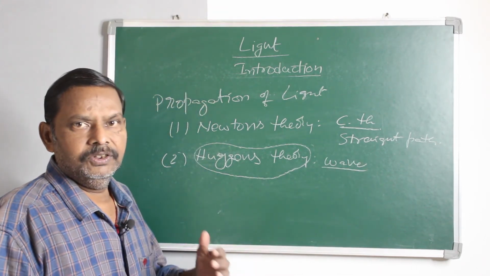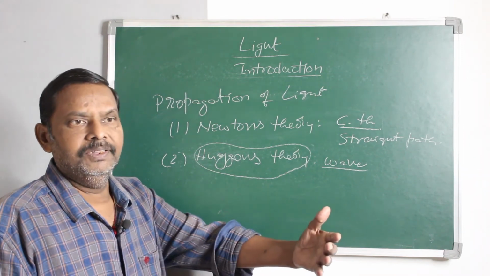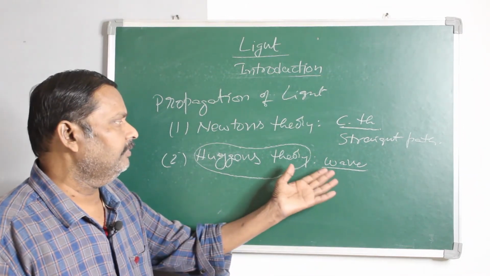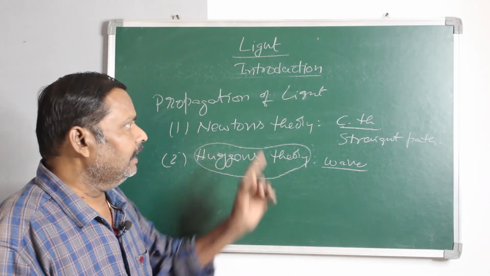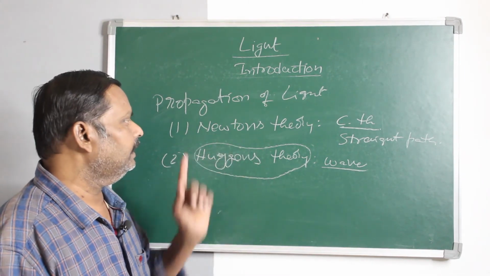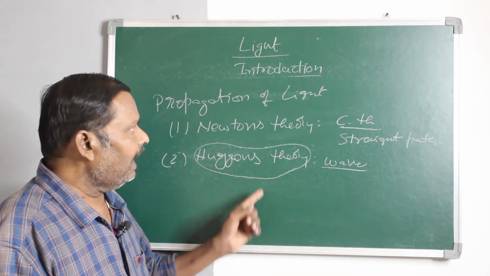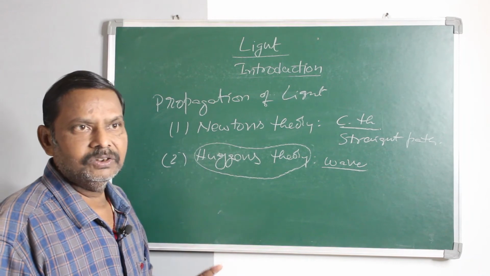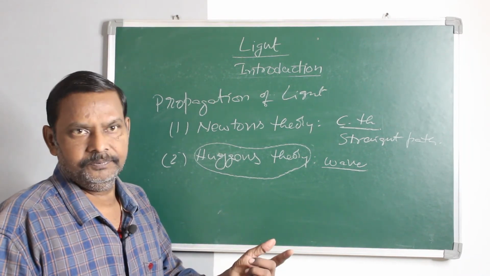Light travels from the source of light to the observer through the medium in the form of a wave. That's why it is called Huygens wave theory. So finally, the corpuscular theory proposed by Newton and the wave theory proposed by Huygens are the two theories to explain the propagation of light through a medium.